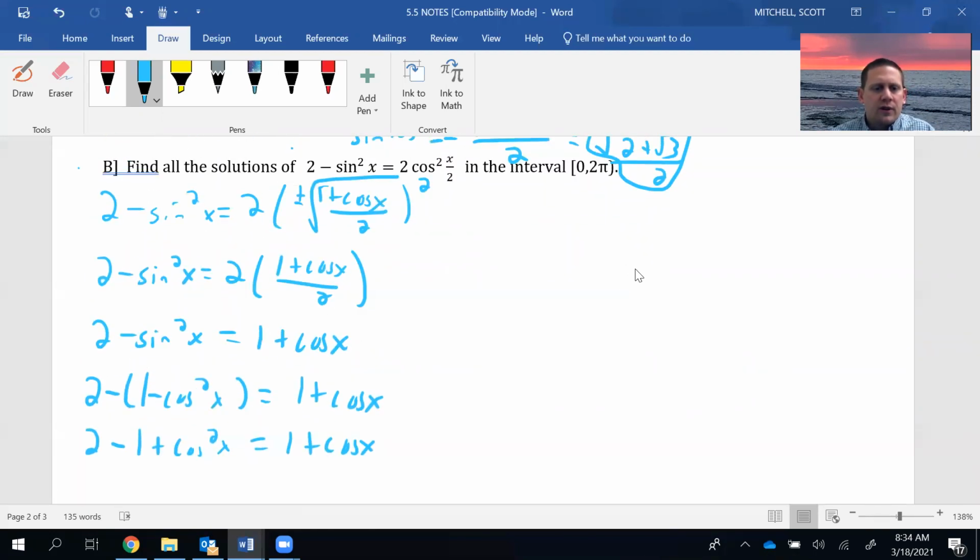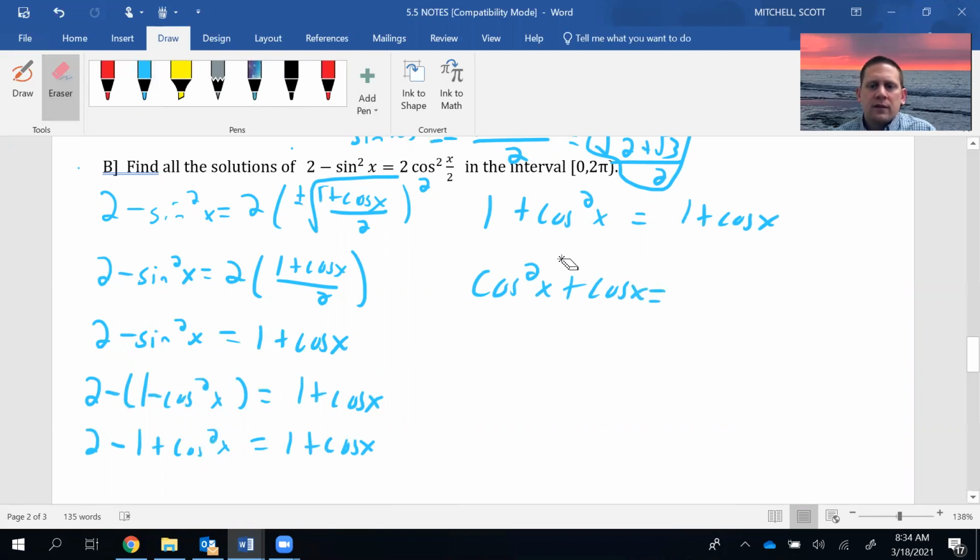And we'll go over here. So let's just simplify here. So that's going to be a 1 plus the cosine squared of x, 1 minus cosine of x. Let's bring everything over here since it's positive. Cosine squared. Notice the 1 is going to cancel with that 1. And that should be a negative.